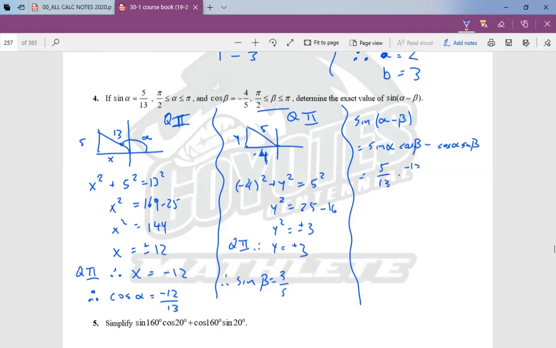Cos beta is negative 12/13. No, it's not. Delete, delete. My mistake. 5/13 is sine alpha, cos beta is negative 4/5. Thank you. Minus cos alpha is negative 12/13 times sine beta is 3/5.